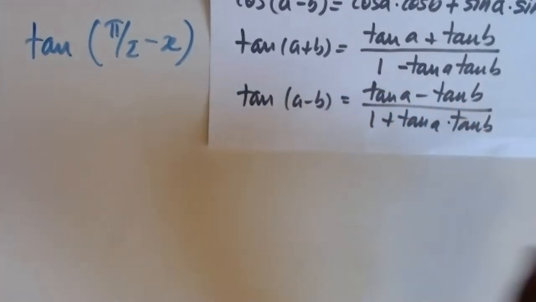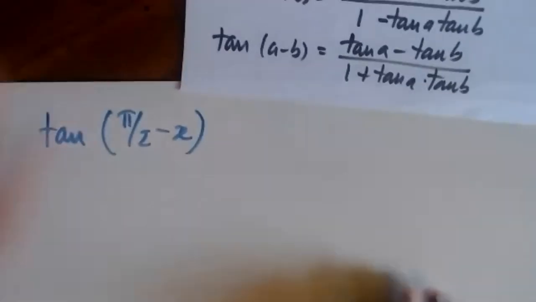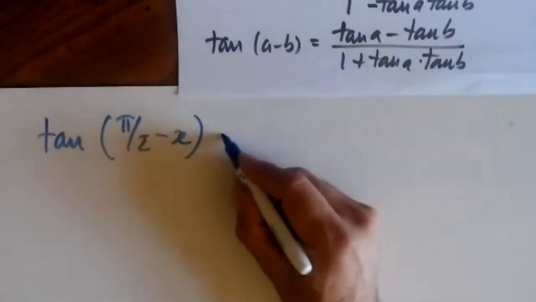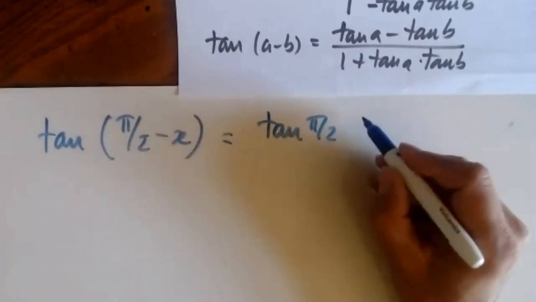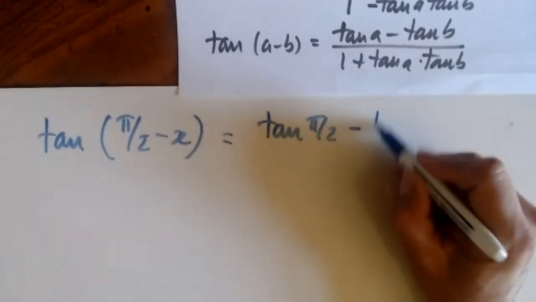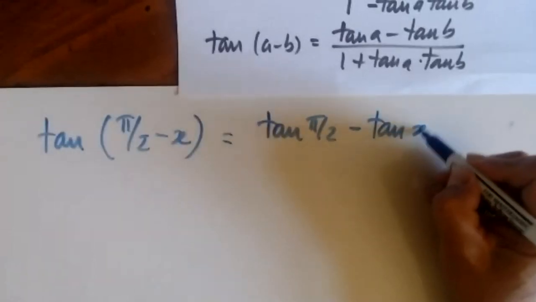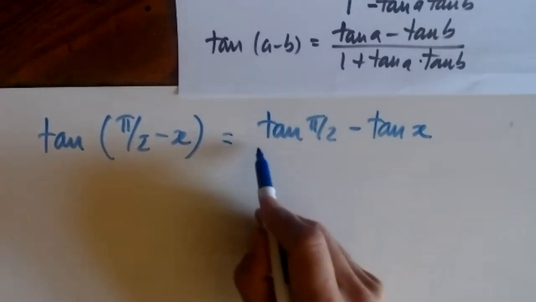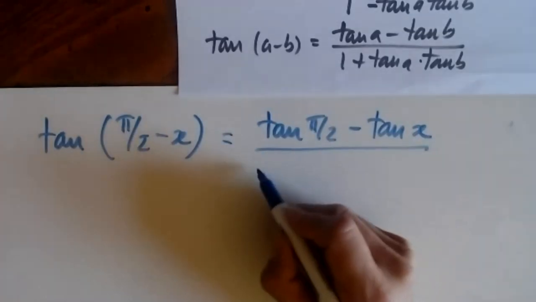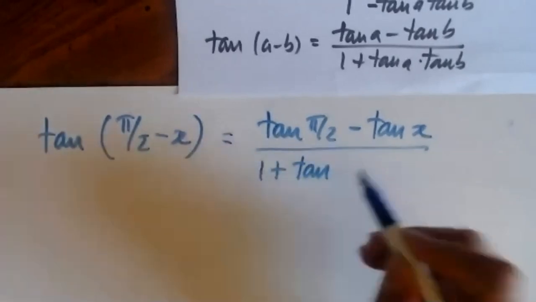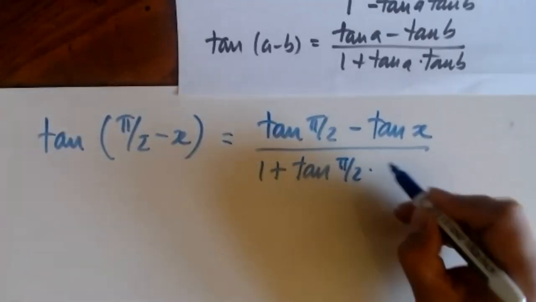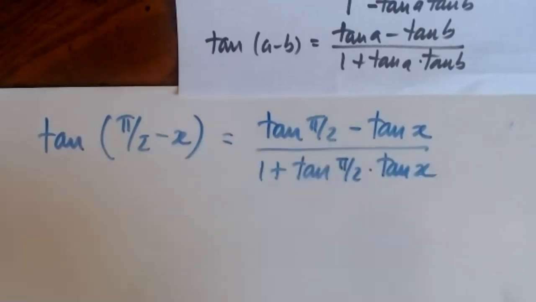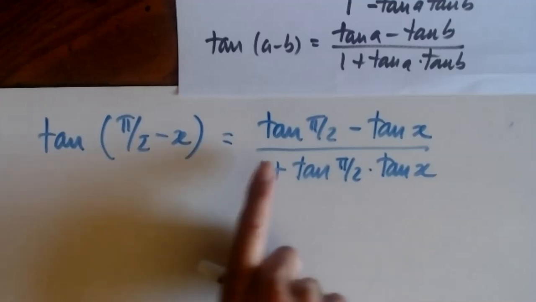So this is going to be, I'm going to put this one right here: tangent of pi over 2 minus tangent of x, over 1 plus tangent of pi over 2 times tangent of x, correct?